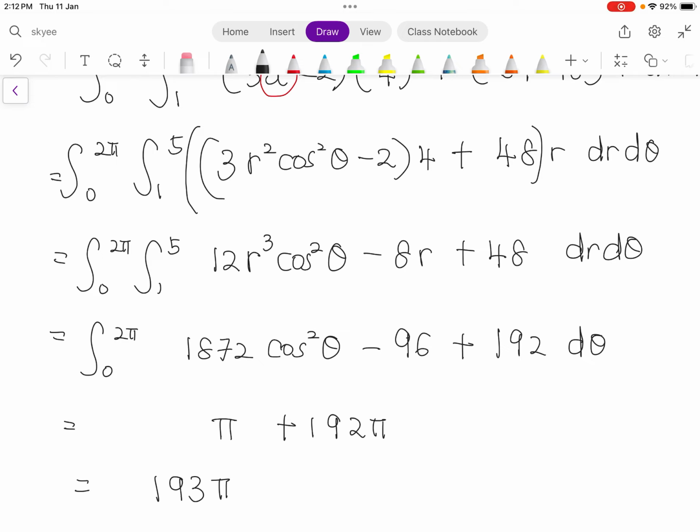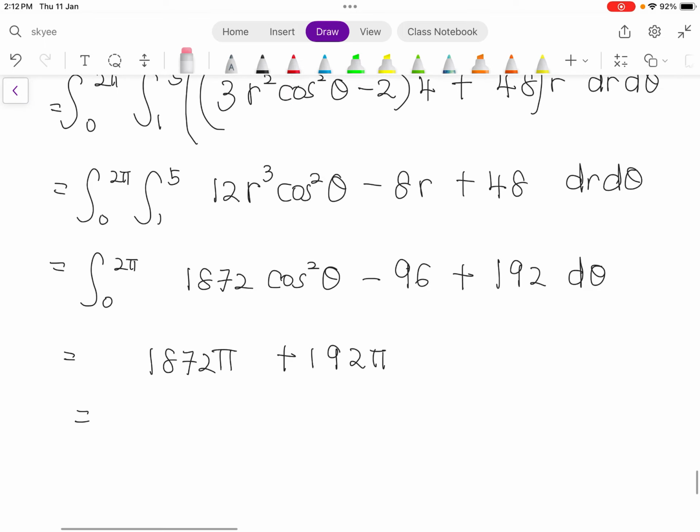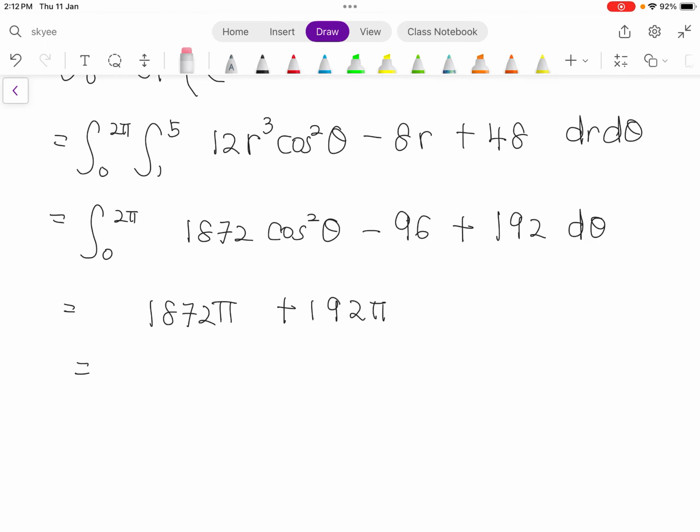Am I right? Oh, I forgot this one, right? 1872 plus 1872. So it's 2064 pi.